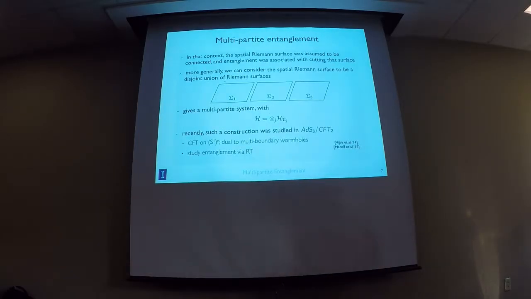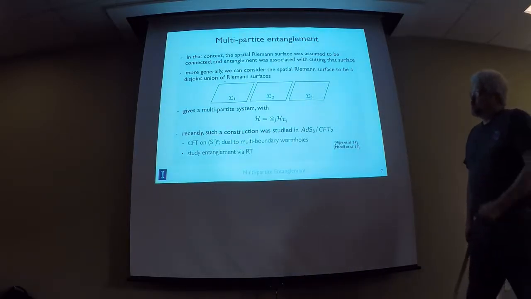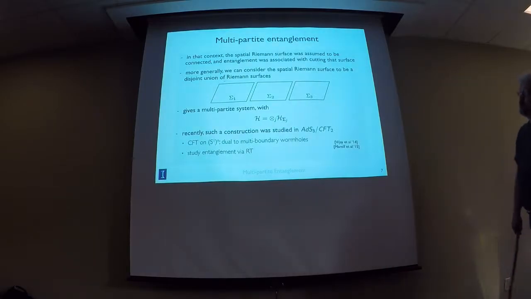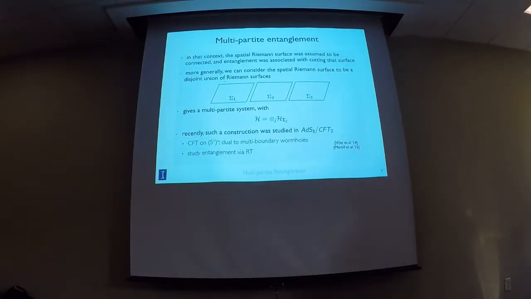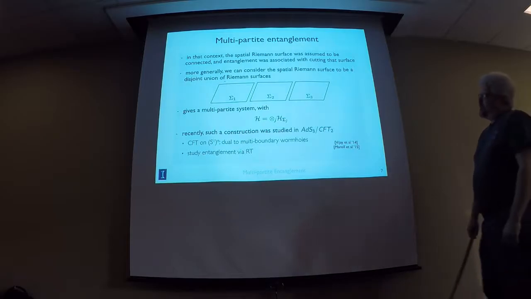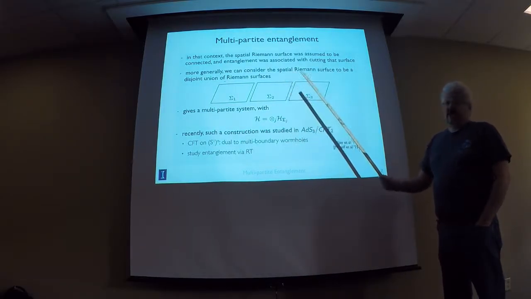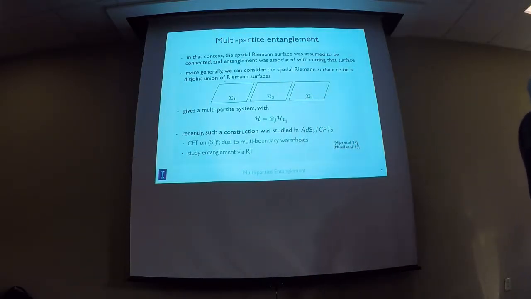In the present case, we're interested in something different, which we're going to refer to as a multi-boundary or multi-partite entanglement. And the basic idea is that you can take geometries that have multi-component boundaries. Okay?